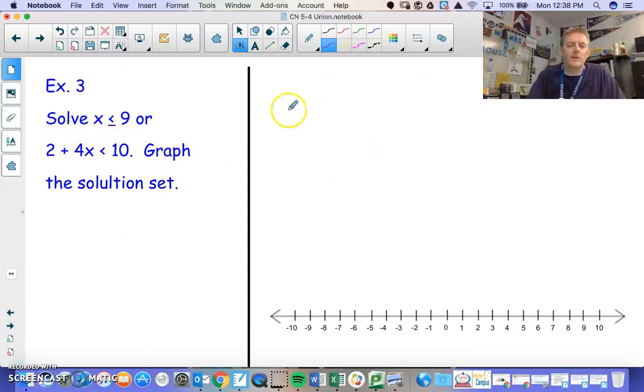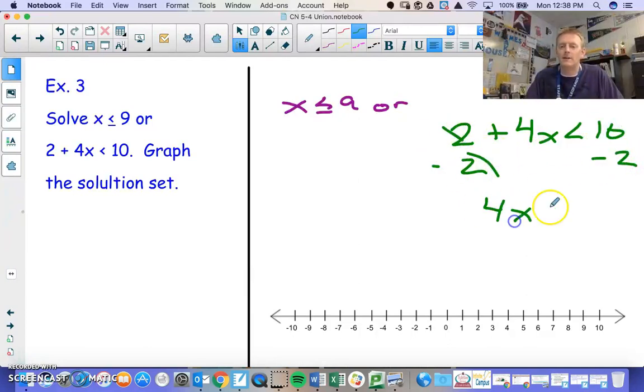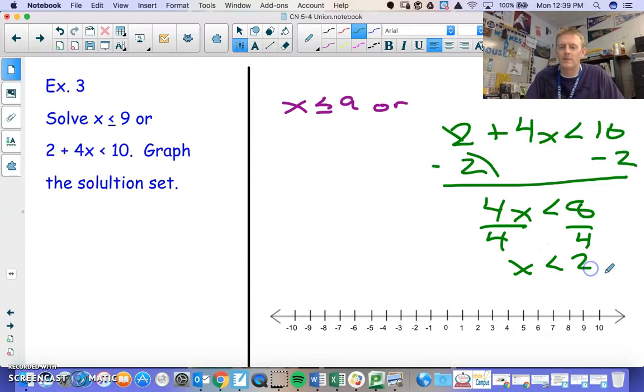Solving the next one, we have x is less than or equal to 9, or this other one, which I'll do in green. We have 2 plus 4x is less than 10. To solve it, we'll subtract 2 from both sides, and we get 4x is less than 8. Then we divide by 4 on both sides, and x is less than 2.